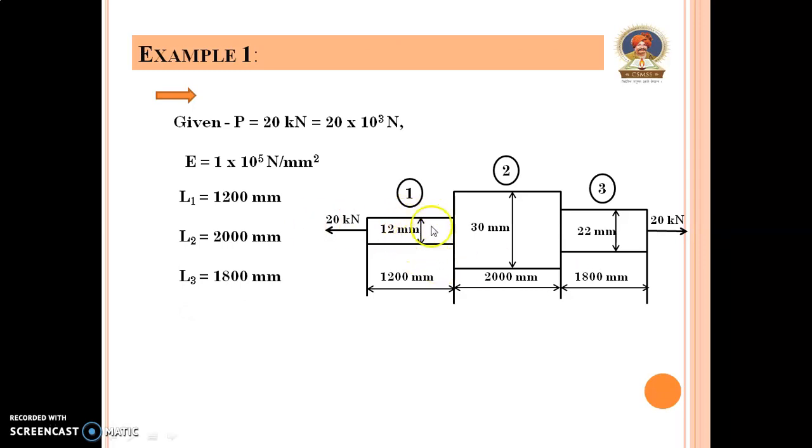Then this is the diameter of bar, D1 is equal to 12 mm. Then this is again D2, which is equal to 30 mm, and last one D3 is equal to 22 mm.